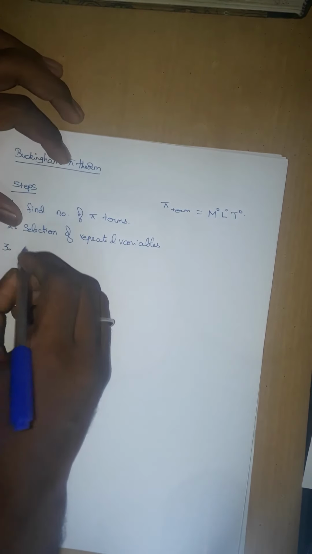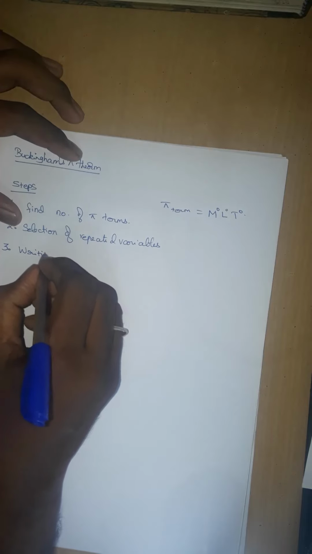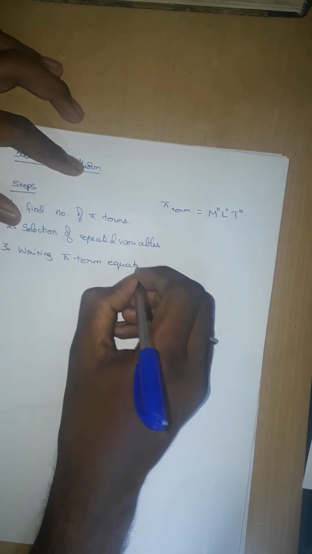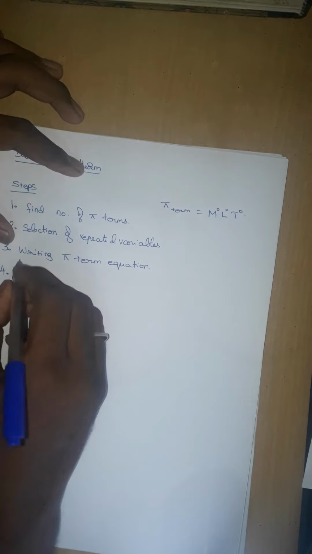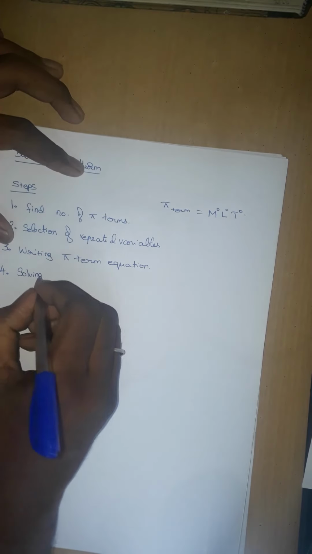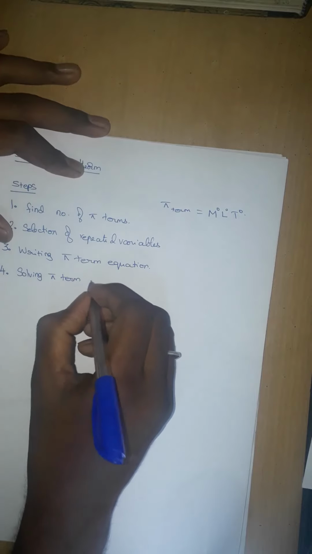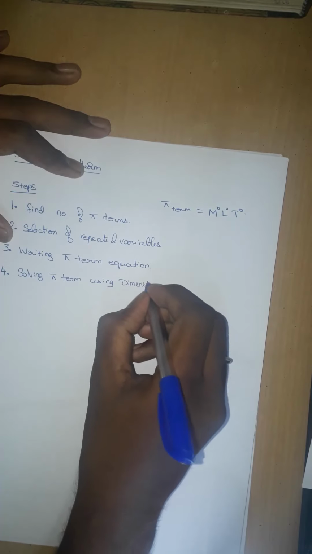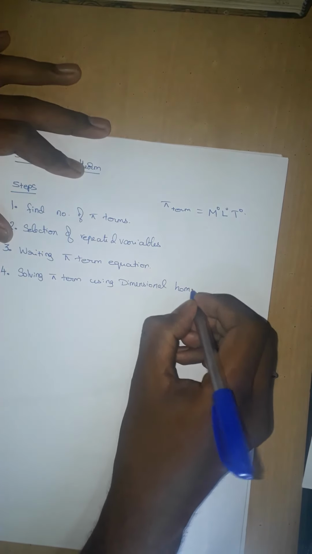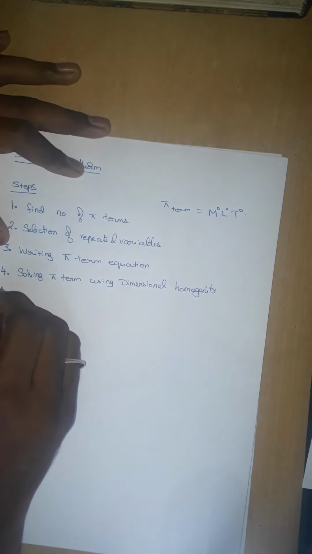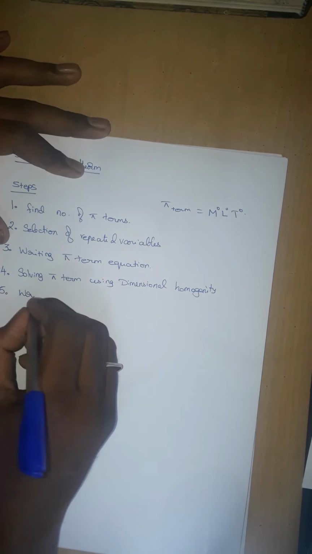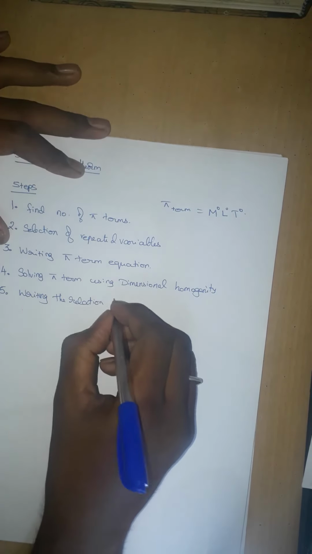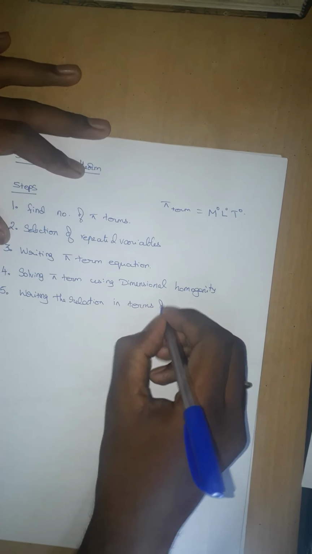Then third, writing the pi term equation, and fourth one, solving the pi terms using dimensional homogeneity, and fifth one, writing the relation in terms of pi terms.